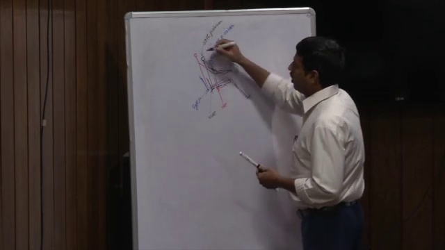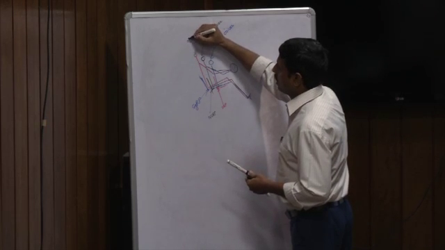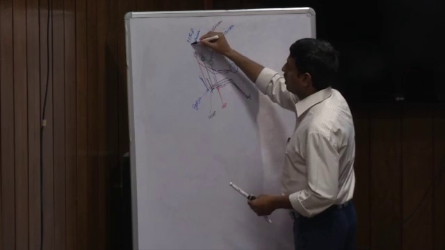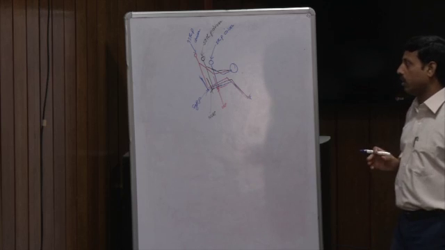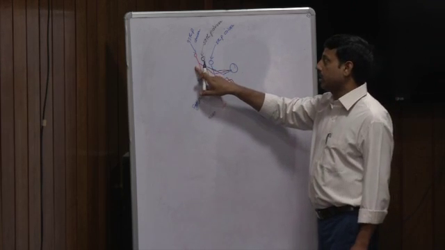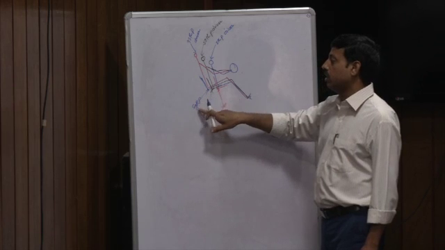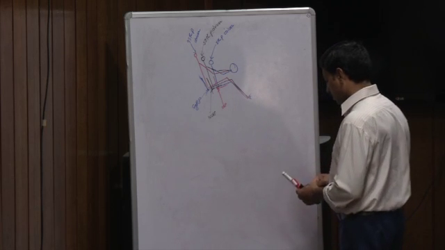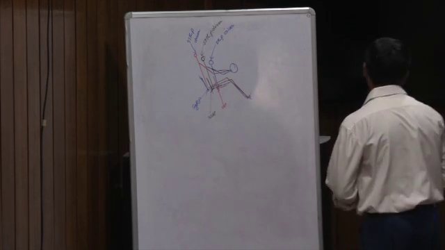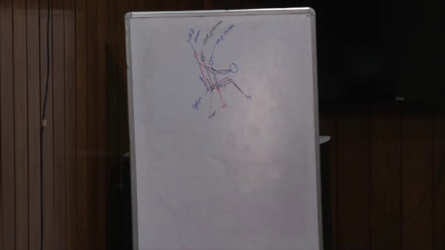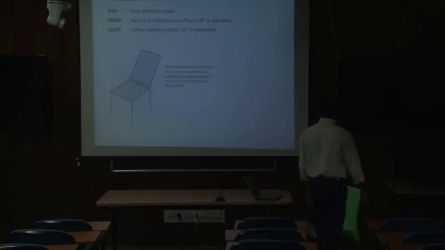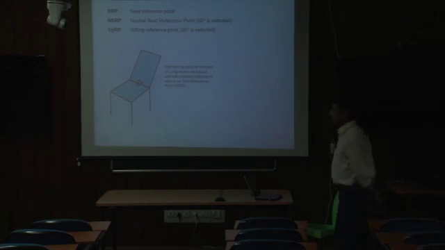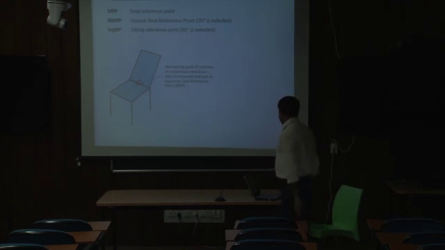While the driver is adjusting the seat as per his or her requirement, the 95th percentile driver's selected seat reference point is known as SGRP. So these three reference points are important while we are positioning our mannequin on the automotive seat or any other seat where there is a seating task requirement.